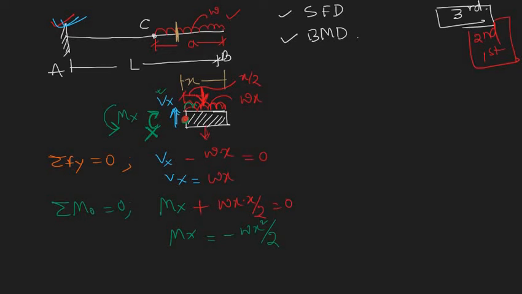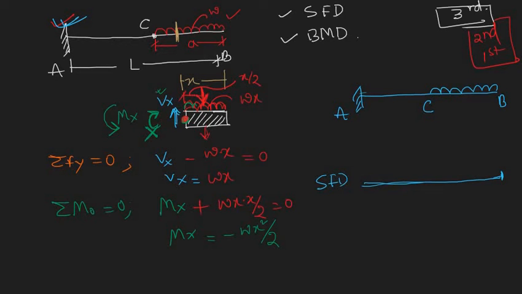Okay, so let's plot all these things, and first we will plot the beam. Let's say this was the beam, this is the UDL load, this is point A, this is point B, this is point C. First draw the SFD. So this is the x-axis, we are now drawing the SFD.